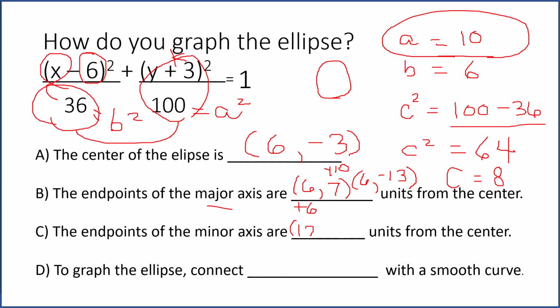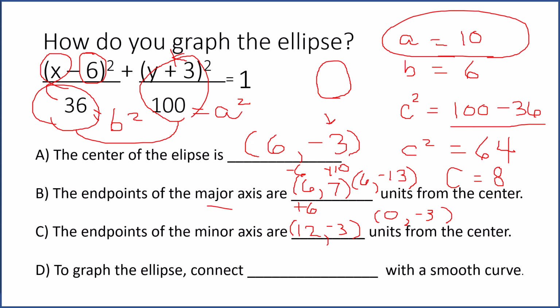Leave that original center y coordinate, negative 3, alone. So negative 12, negative 3. And then we subtract 6 from the x coordinate, and we get 0, negative 3. Those are the endpoints of the minor axis.